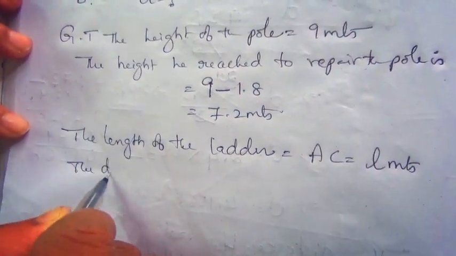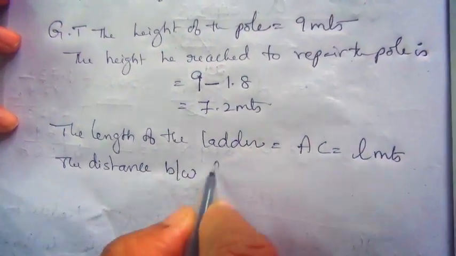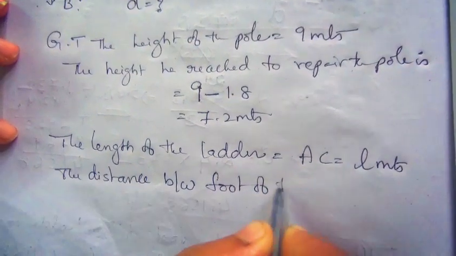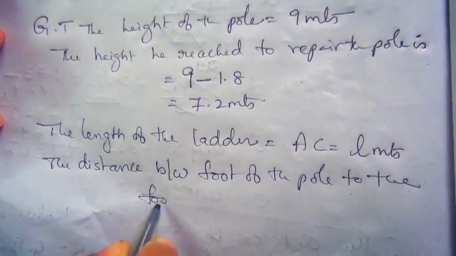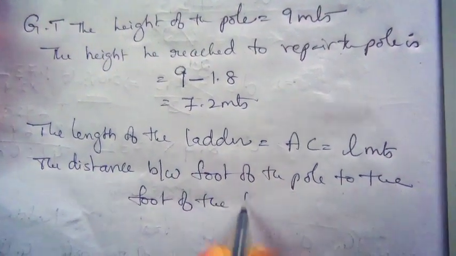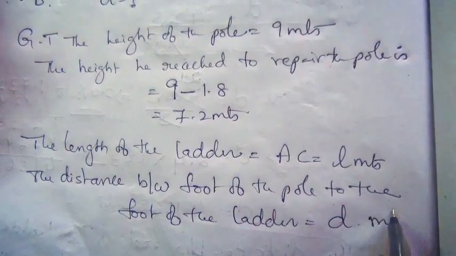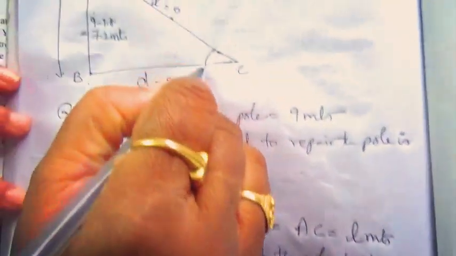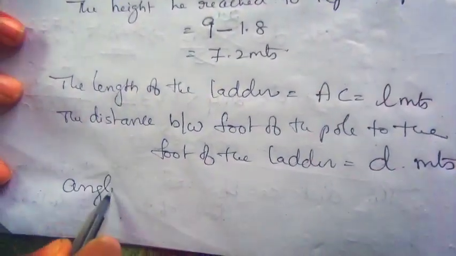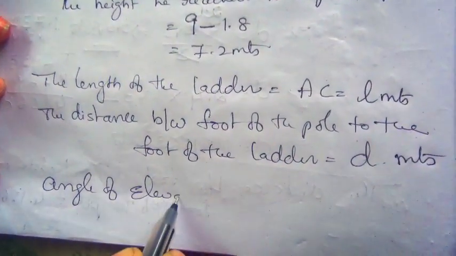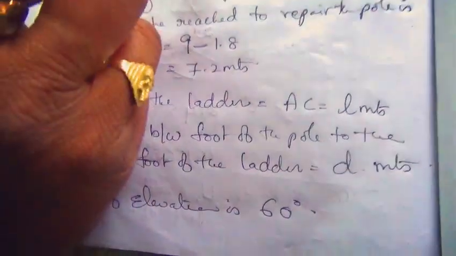The distance between the foot of the pole and the foot of the ladder is equal to D meters. Here the angle of elevation is 60 degrees.